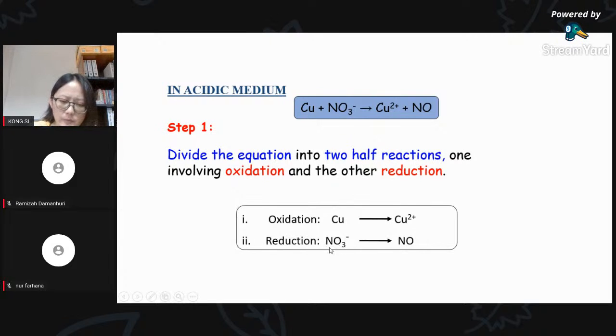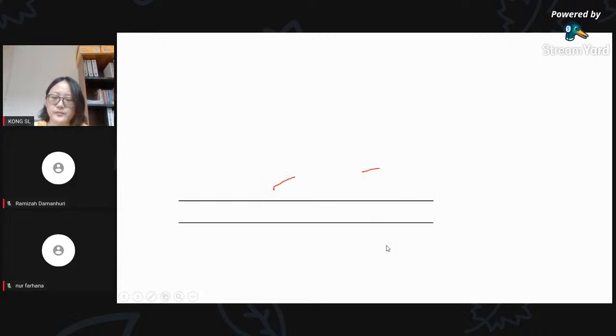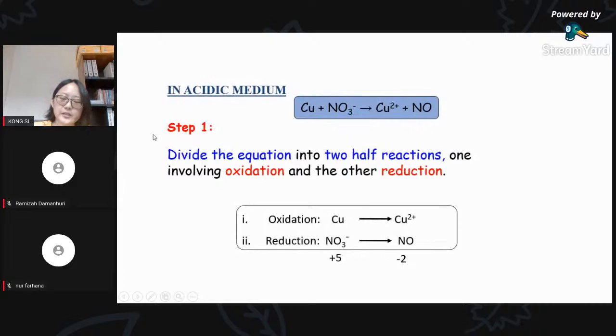For this one you have to calculate by yourself. I don't know the oxidation number for N, so N is unknown. Oxygen is -2, -2 times 3 is -6. So overall it is +5. For this one, -2. It is reduced. So this is reduction. Okay, step 1 you must write like this.